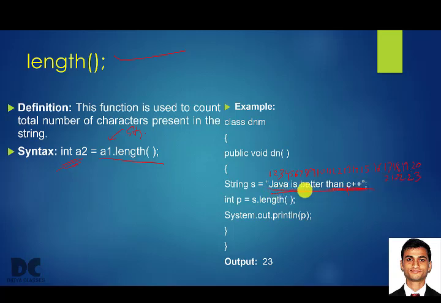So in this sentence there are a total of 23 characters, and space is also a character, you have to count. So the output is 23. So you will just count how many characters are present in a given string.